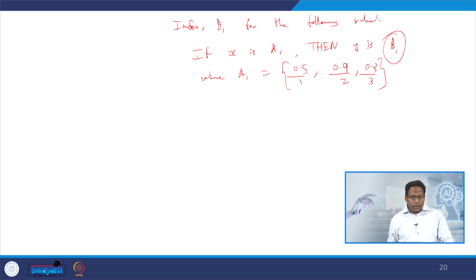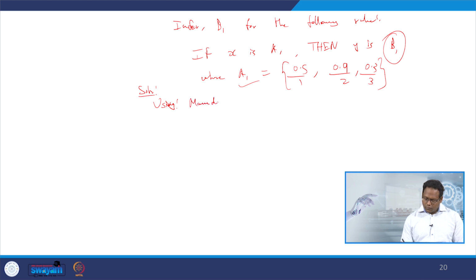Now we need to infer B1 from these rules through fuzzy composition operation using max-min. The solution is using the Mamdani implication relation.